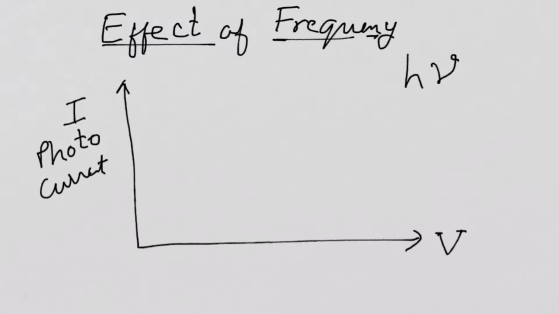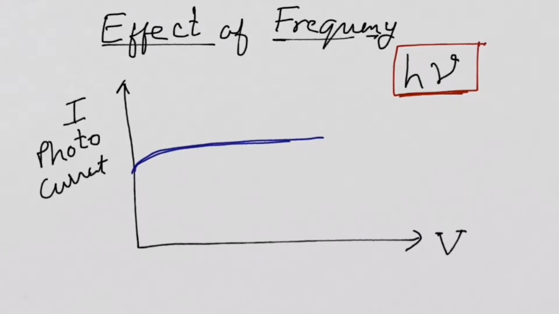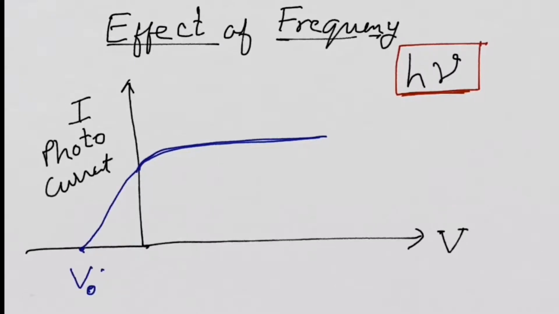So the energy of the photoelectron emitted is also changed, but the number of electrons will remain the same. So this time you will get the saturation current after some time. But when you give negative potential to the anode plate, electrons will stop at one particular stopping potential. Let us give the name V01 for the corresponding frequency nu1.